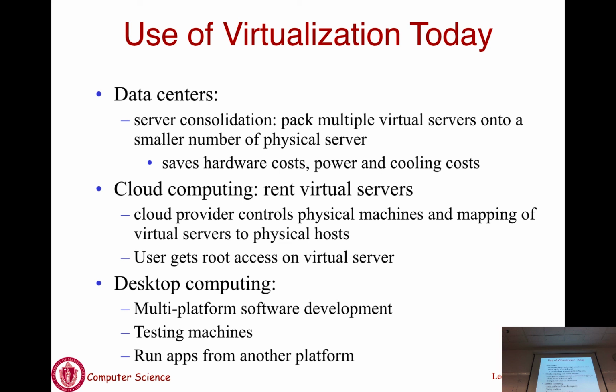They give you a VM and you are root on your VM, but you are not root on the physical machine. That allows you to rent out your servers to arbitrary customers and let them run whatever they want, yet you have full control because you are the owner of the physical machine and you have root access in the hypervisor. So you can terminate a misbehaving VM, for example, if you want to. That's essentially how cloud computing platforms work.